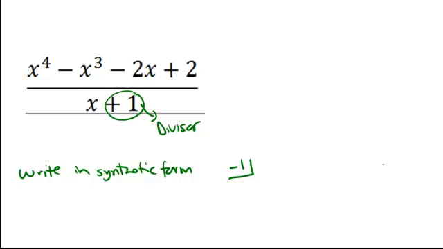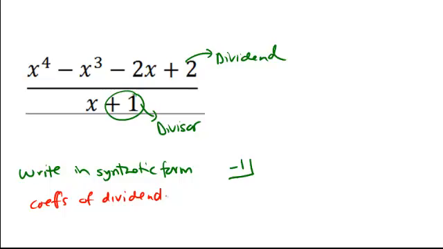And on the other side of it, you want to write the coefficients of the dividend. Remember, this is your dividend. So the coefficients of your dividend are written on this side. And you always want to go in decreasing order. So the coefficients here, this is 1, this is negative 1, then you have negative 2, and then you have 2.